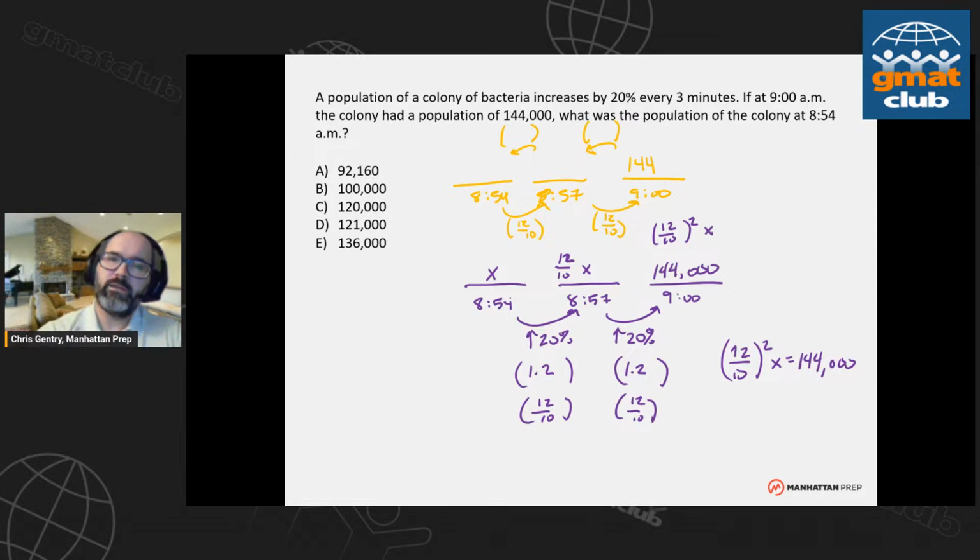You multiply by 10 over 12. You do the inversion. If you do this either way, you end up with 100,000.